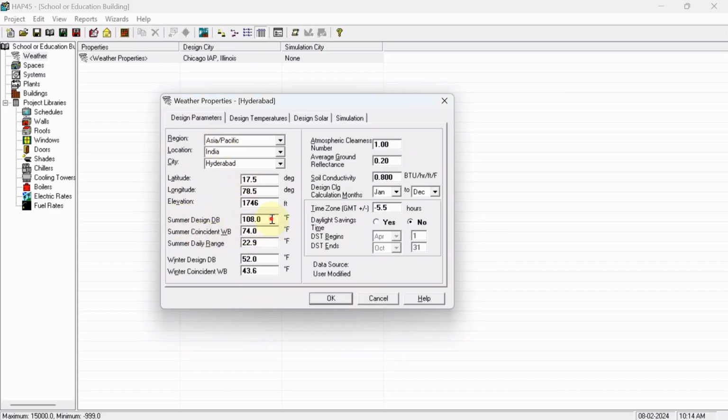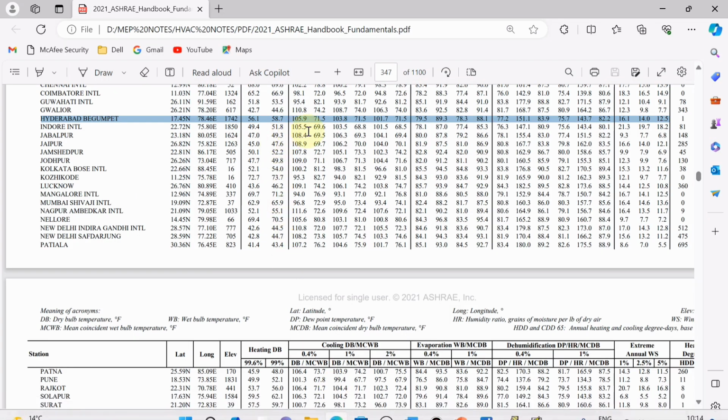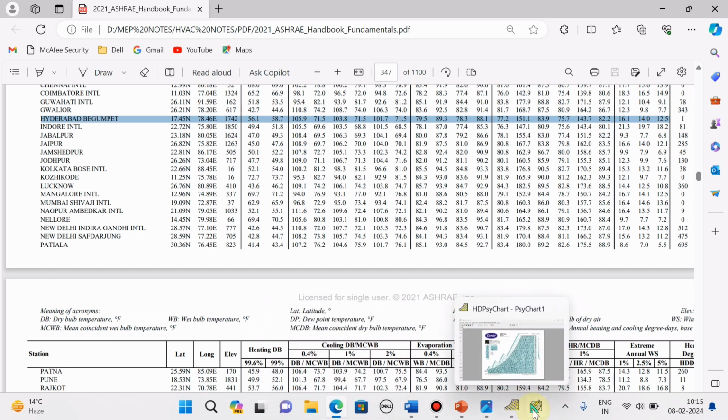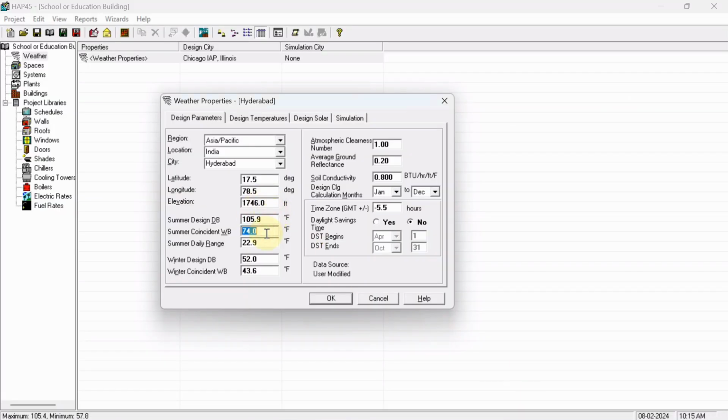So write down for Hyderabad: summer design dB 105.9, and summer coincident wet bulb, which we consider at peak condition, 71.5 for Hyderabad.